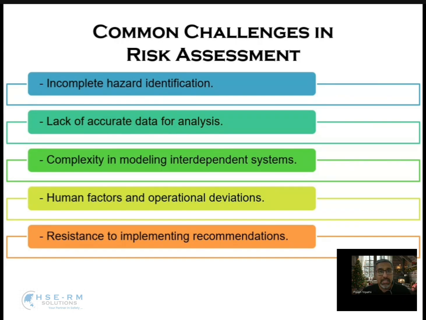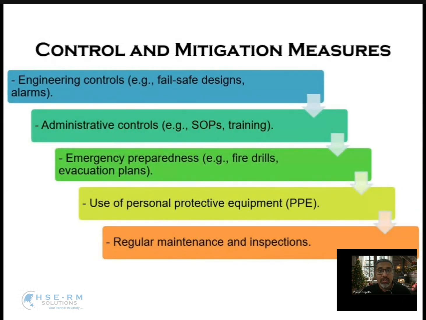These are common challenges. Now comes the control and mitigation measures. So here, how will we apply the control and mitigation measures? These are applied by the engineering controls. So how is this part of our risk assessment portion? Because in the risk assessment portion, we are also talking about the controls, how we are trying to reduce the risk.